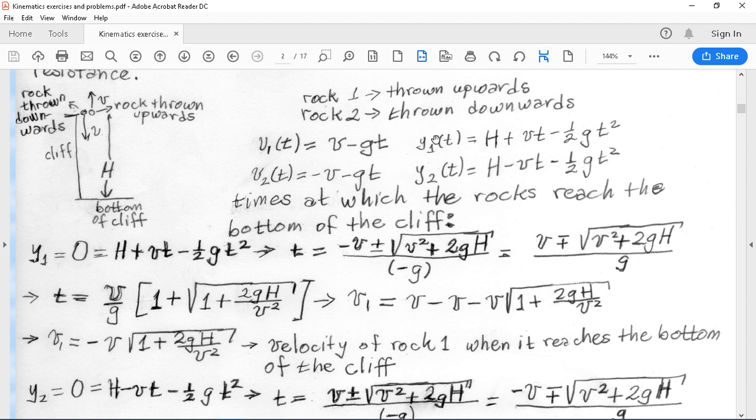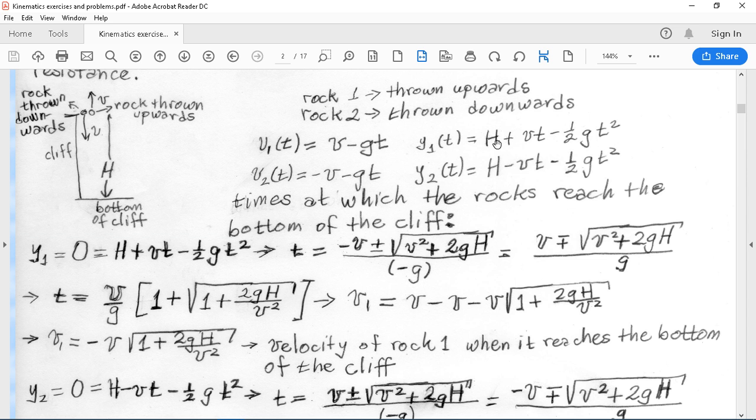Position of rock 1 is given by the expression h plus vt minus 1/2 of gt squared. This corresponds to the case of constant acceleration.